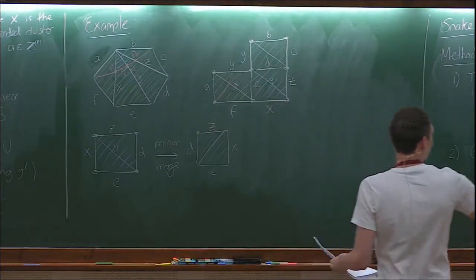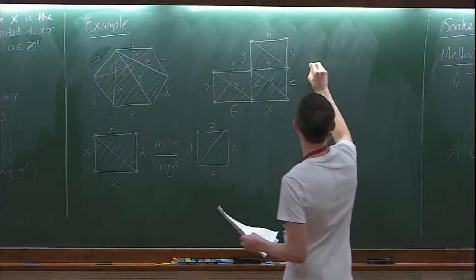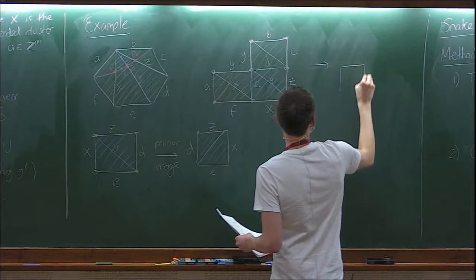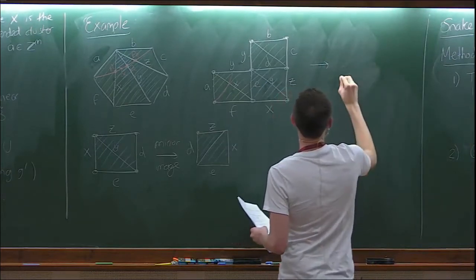And so we've run out of marked points, and so the final thing we need to do is delete the diagonals, right?